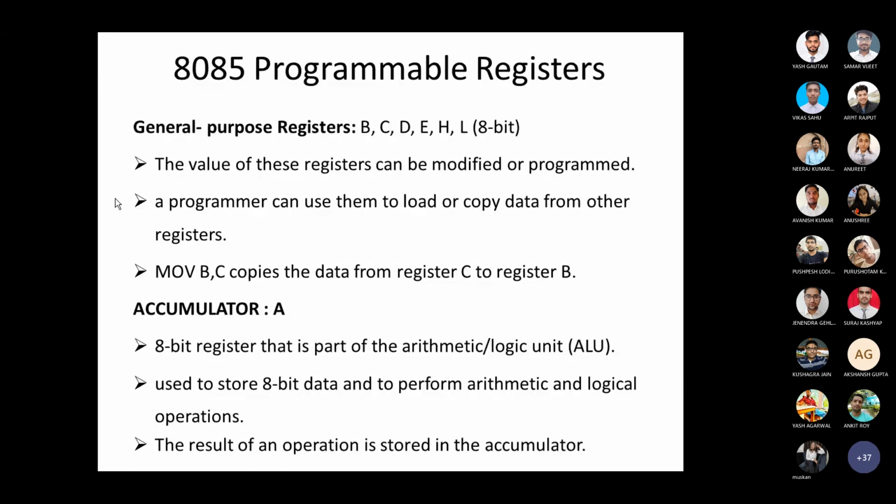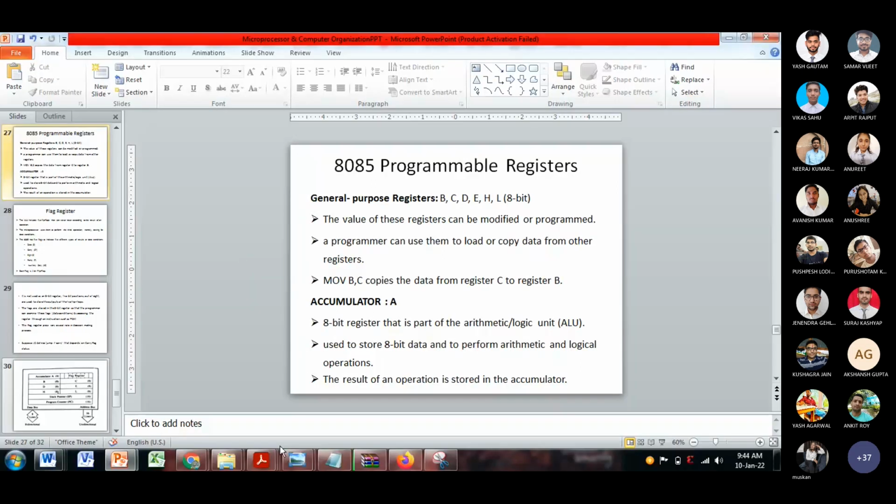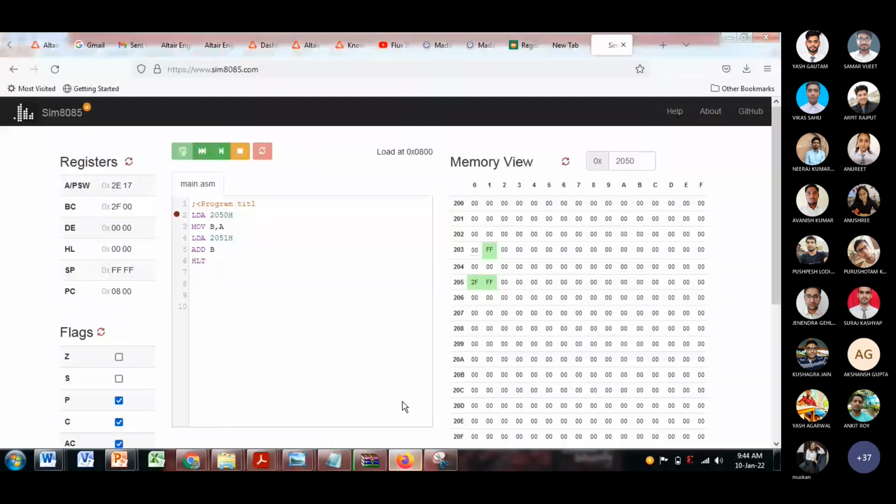Another register is the accumulator. I will show you in the simulator how these registers are there. Here you can see B, C, D, E, H and L.